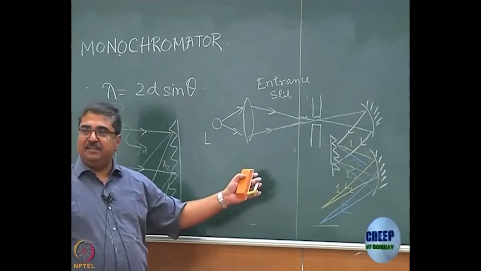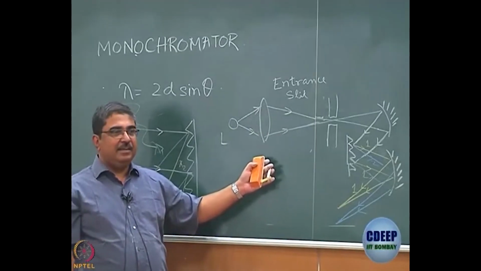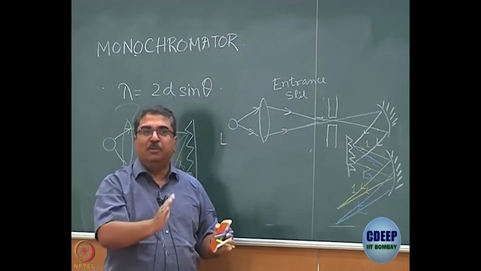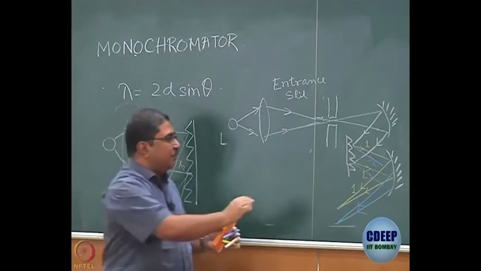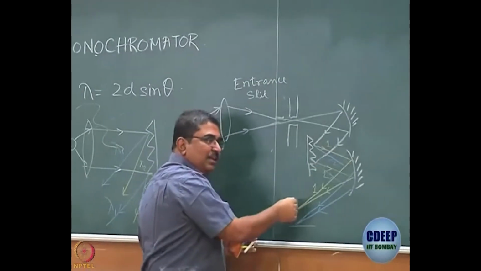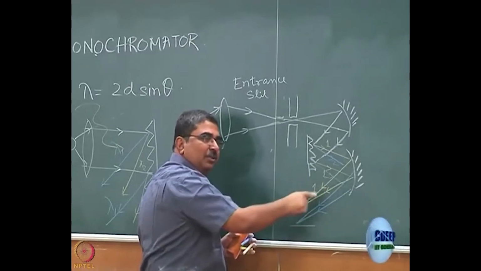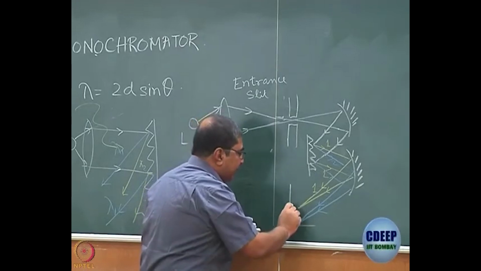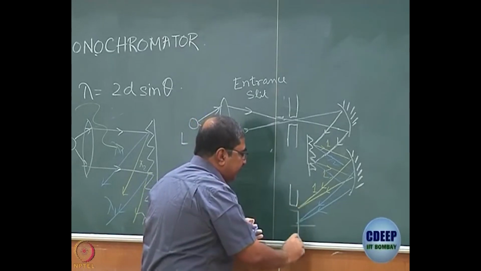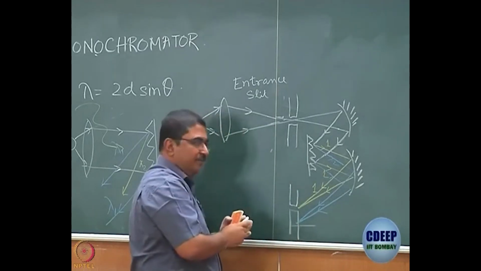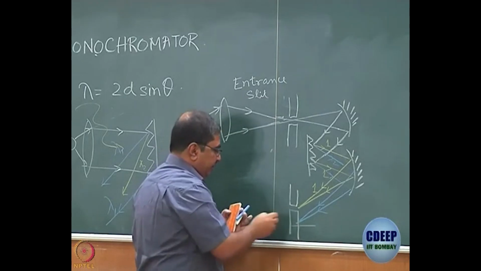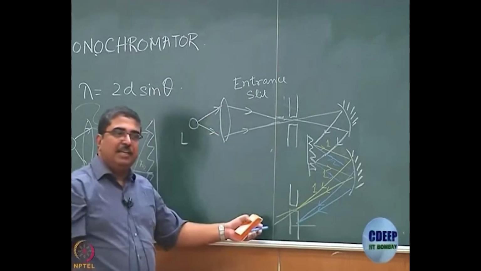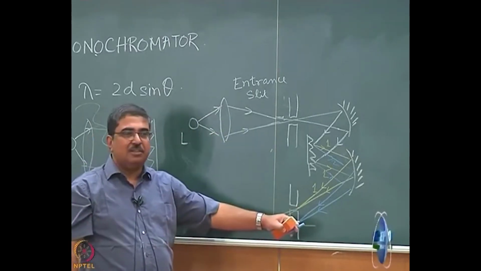Is this point clear? The way we have drawn it, we have two parallel beams, one yellow and one blue. So focus all the yellow rays at one point, focus all the blue rays at another point. Now if I put in another slit, and let us say the slit is like this, what will happen? The yellow rays will get through the slit and blue rays will be blocked.